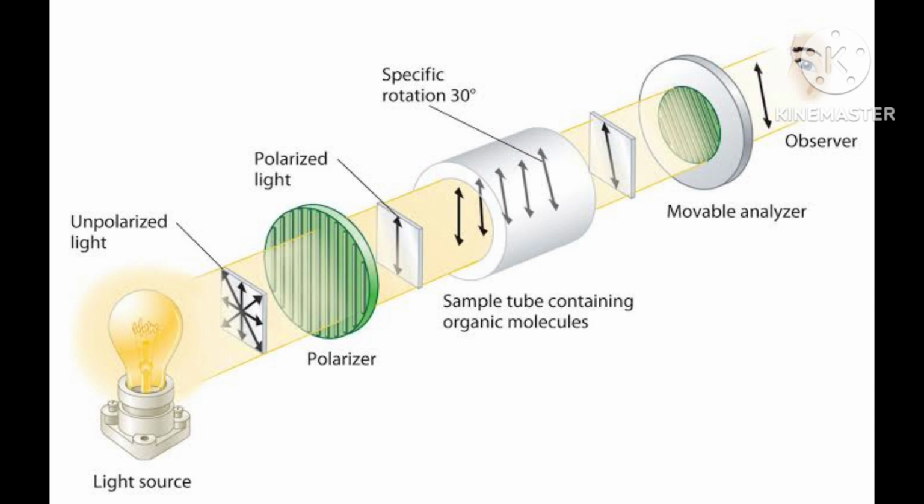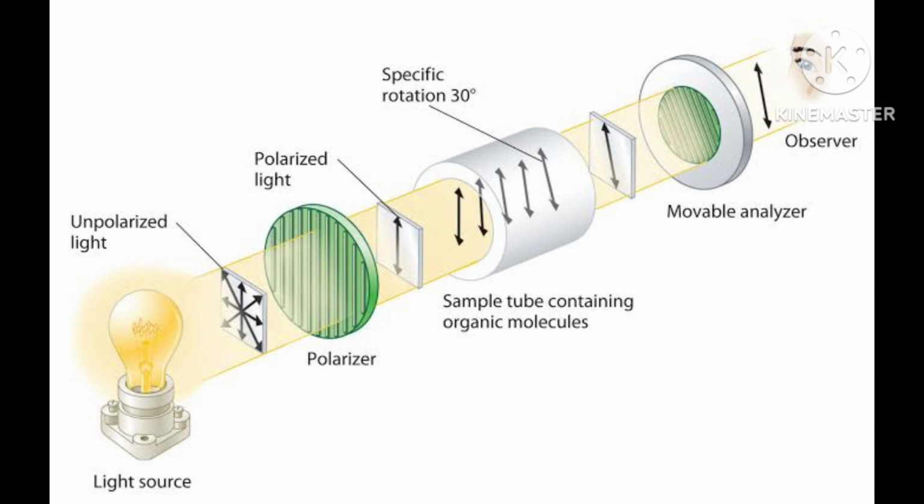Certain compounds rotate the plane polarized light when it is passed through their solution. Such compounds are called optically active compounds. The angle by which the plane polarized light is rotated is measured by an instrument called a polarimeter.